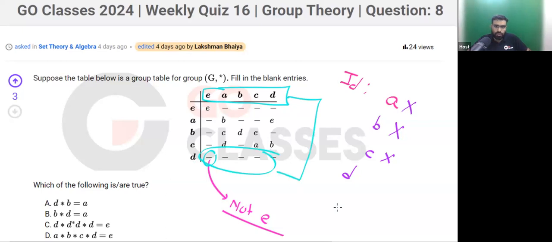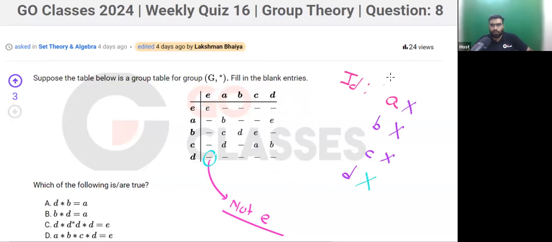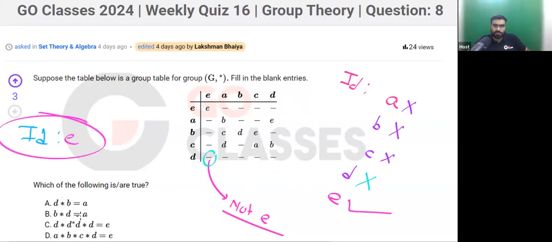Because they are different, I can say D is also not the identity element. So what will be the identity element? Identity element will be E. Okay, so we have found the identity element, that is your E.